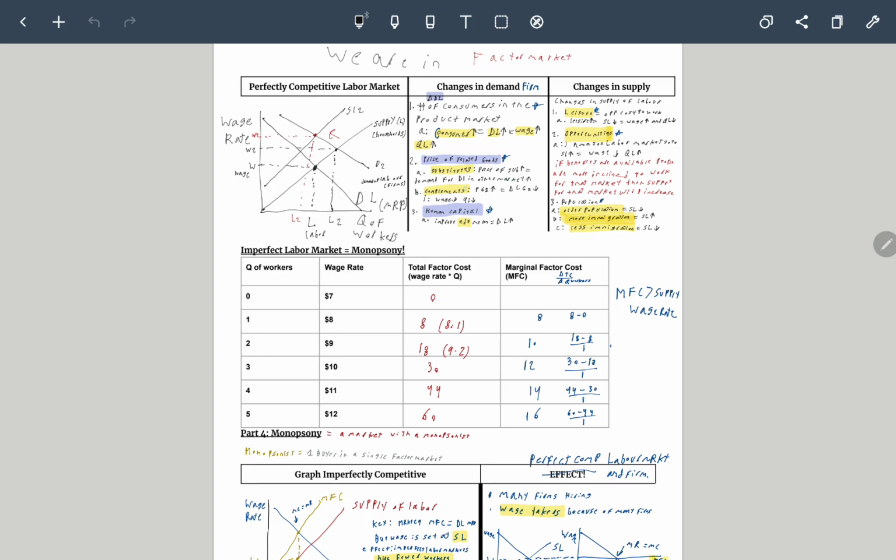If the price of substitutes increases, the demand for labor in the other market increases. We have complements, which means that if the price of one good increases, then the demand will decrease, and the wage will also decrease, and the quantity of labor will also decrease.